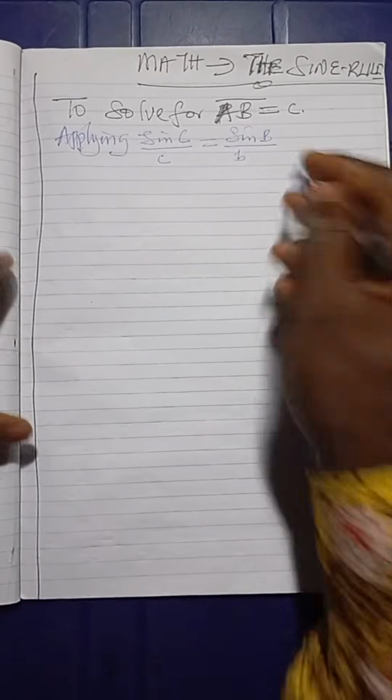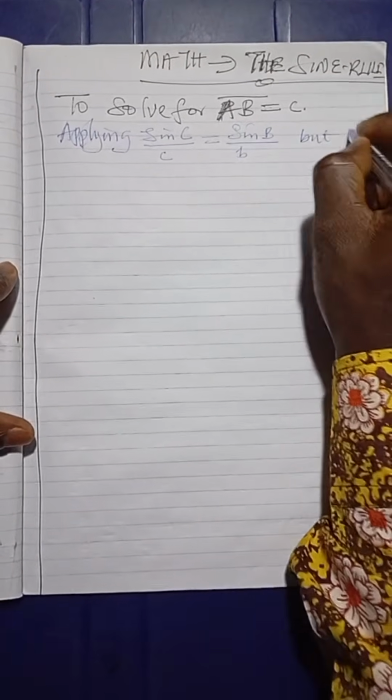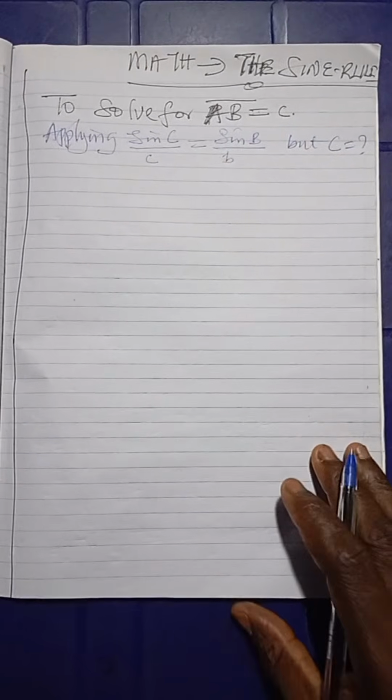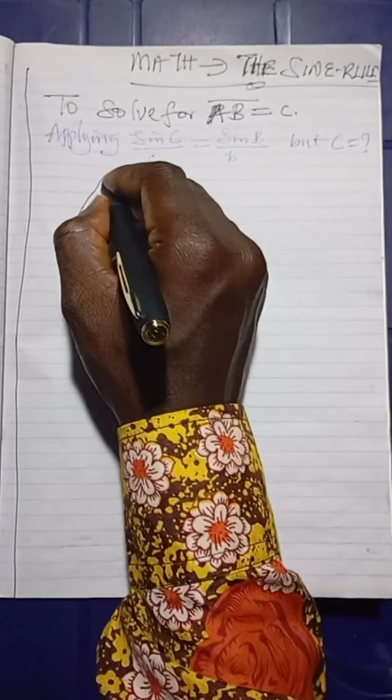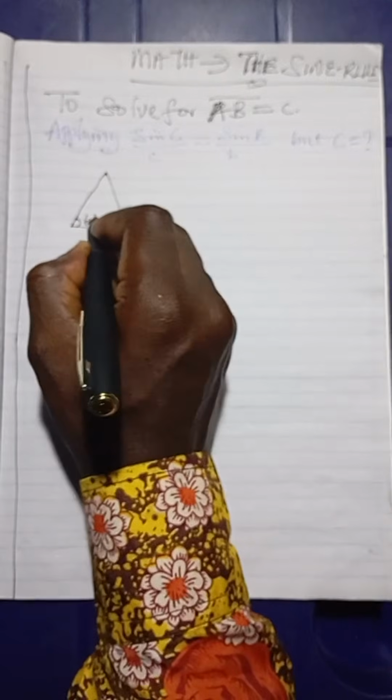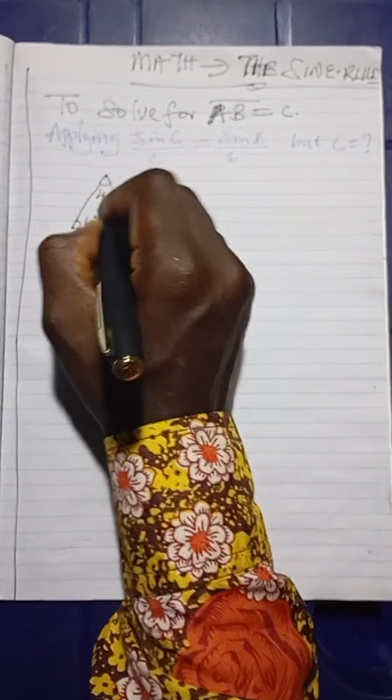Okay, but we don't know C because C was not given in the question. So to find C, remember we have something like this, 60 degrees. Here is 40 degrees.